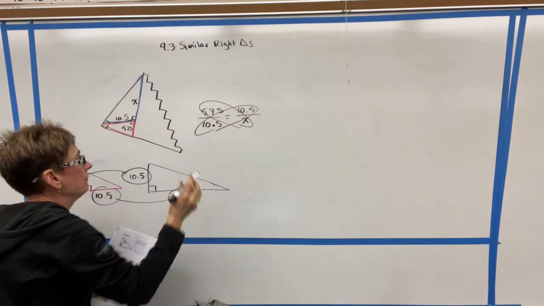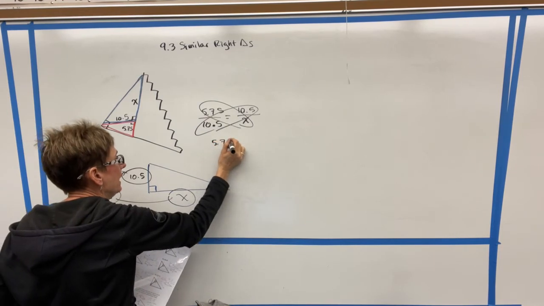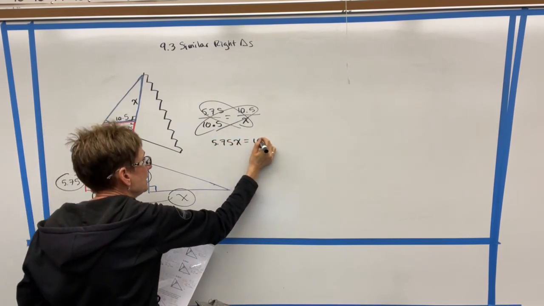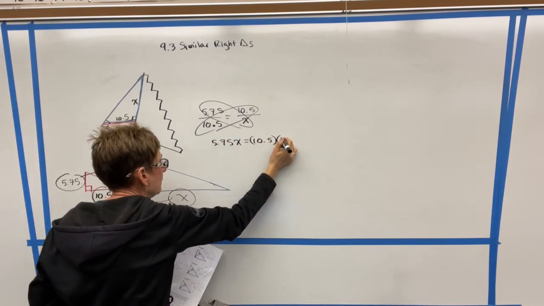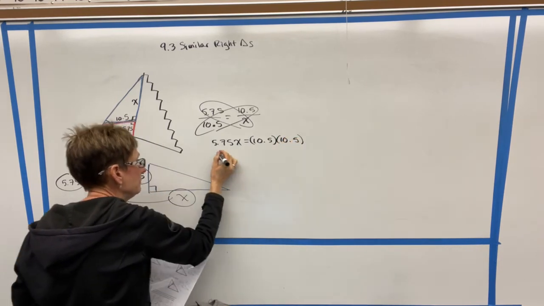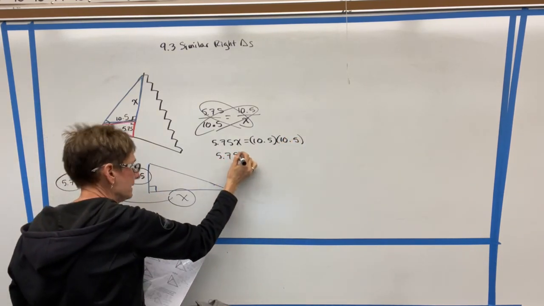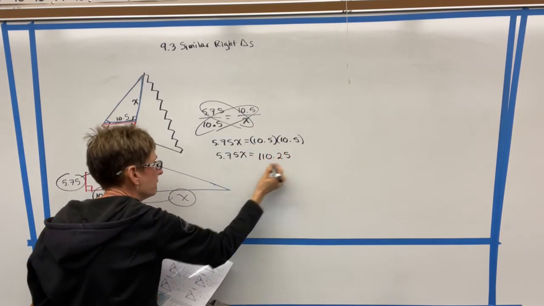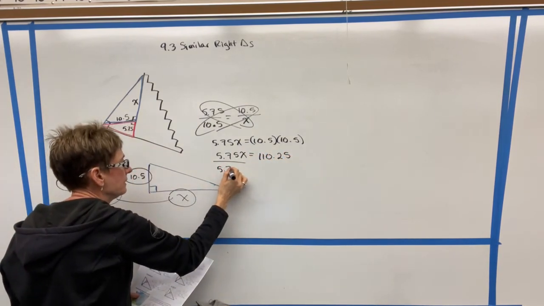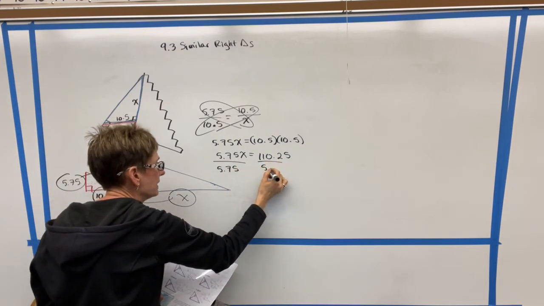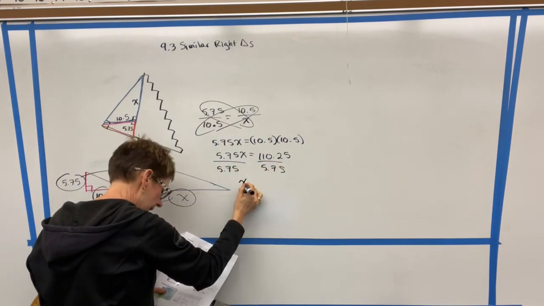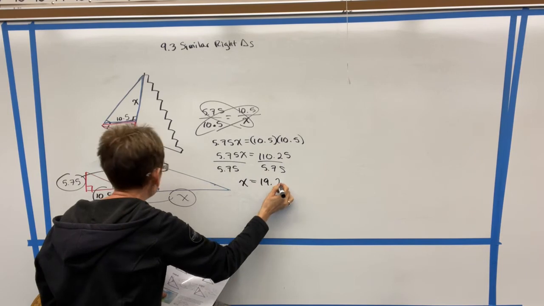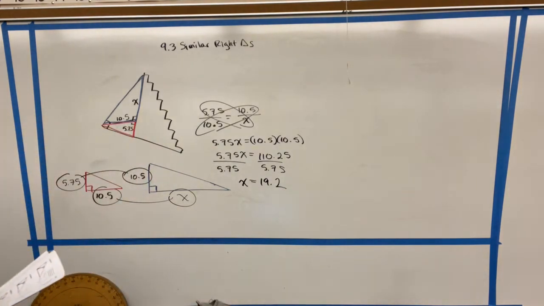So we're going to get 5.75X equals 10.5 times 10.5, or 5.75X equals 110.25. Then I just need to divide both sides by 5.75. And I get that X is 19.2.